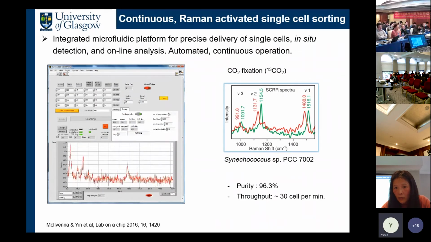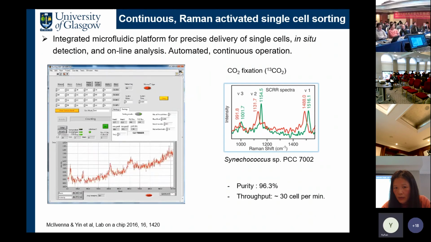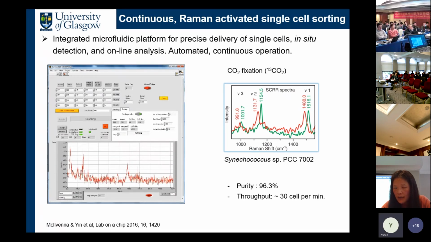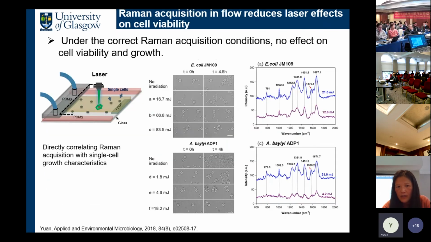The first system we demonstrated uses carbon-13 labeling to look at whether these algae cells can utilize carbon-13. So we based this on stable isotope labeling. At that time we already reached 96% purity, but the throughput was relatively low.